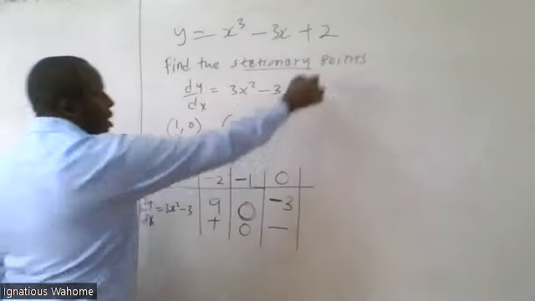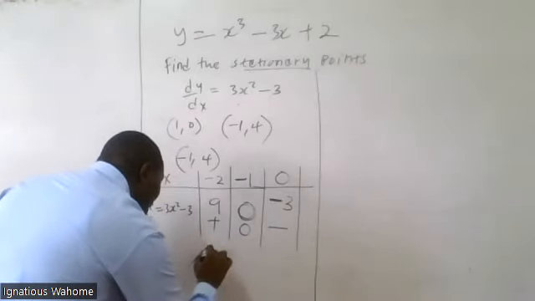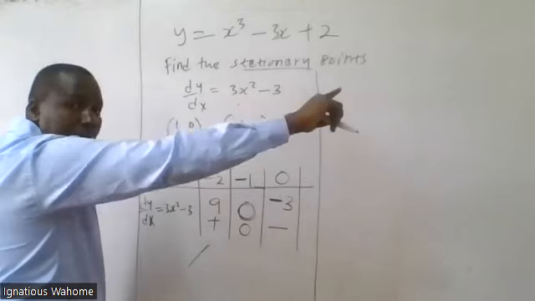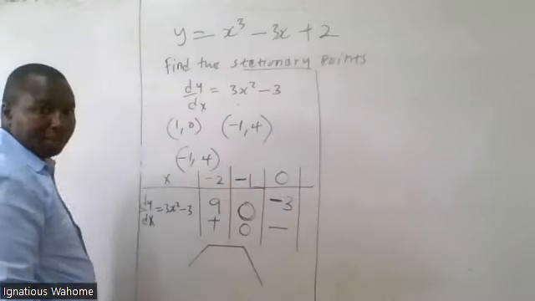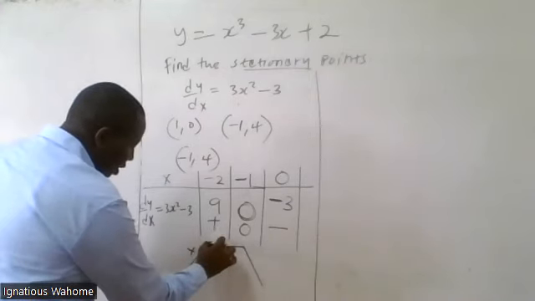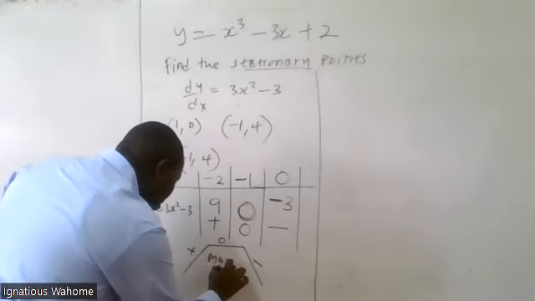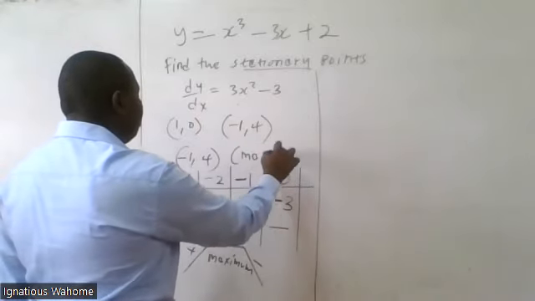The diagrammatic representation is like this: it is positive, then goes to 0, and then goes to negative. So dy/dx is positive there, 0 at the point, and negative after. This point we call a maximum, and our point here is a maximum.